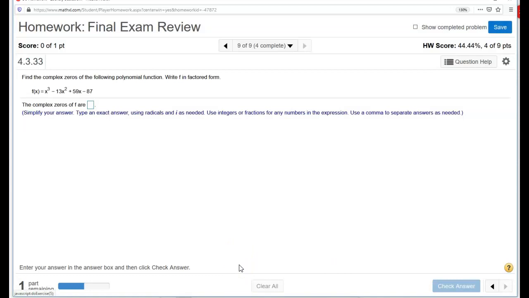Find the complex zeros of the polynomial function and write it in factored form. So we're given a polynomial of degree 3, and we really need to use our rational root theorem in order to hopefully get one of these roots, so we can get this down to at least a quadratic.